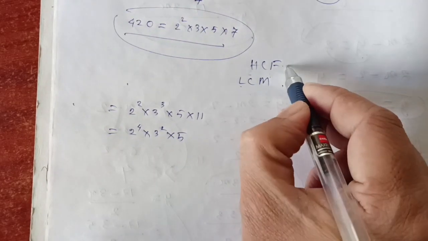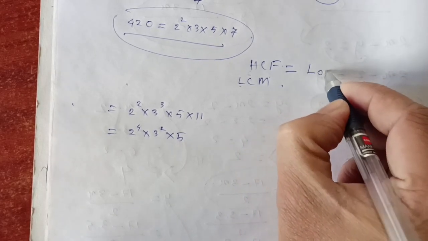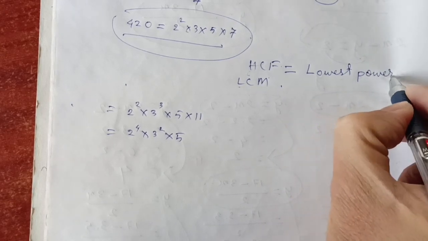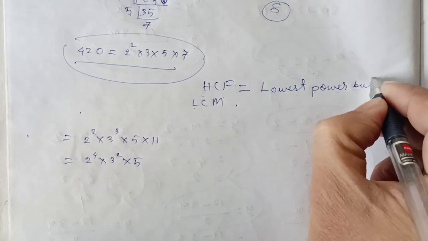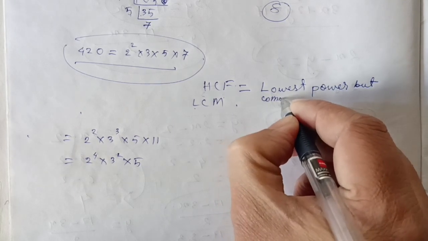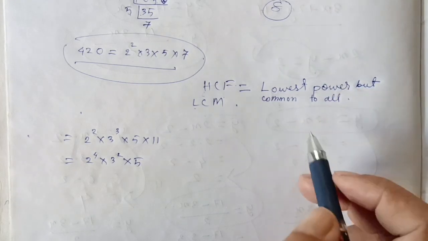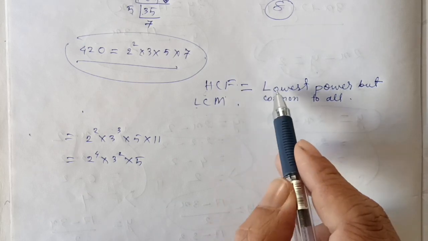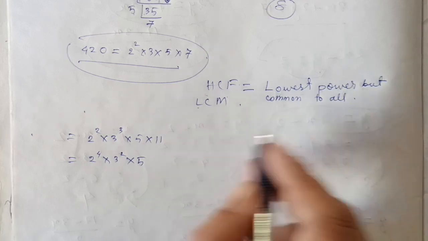If you want to find out HCF, you should select the lowest power, but common to all. Don't forget this one. If you want to find out HCF, you select lowest power but common to all.